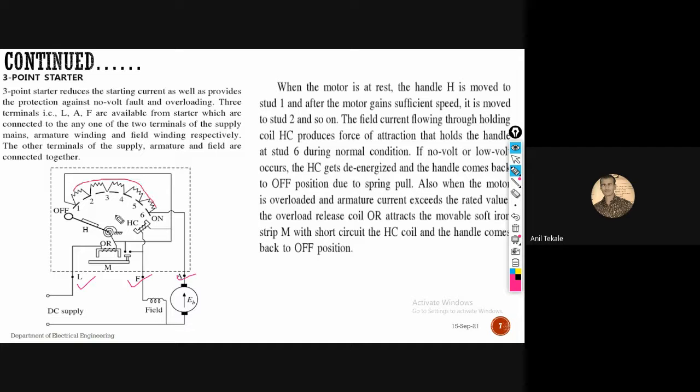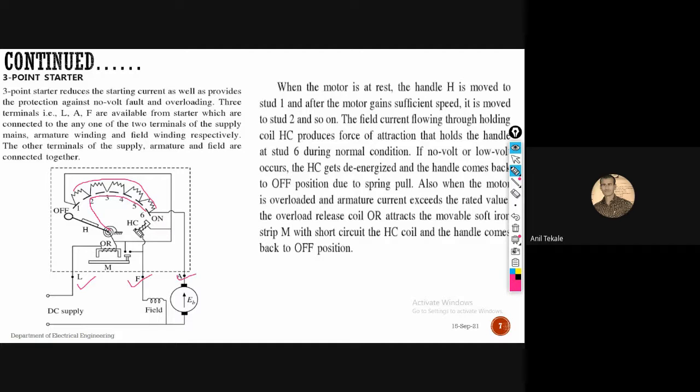As you move the knob to this side, the resistances get removed from the circuit one by one. This is the important thing in the 3 point starter.